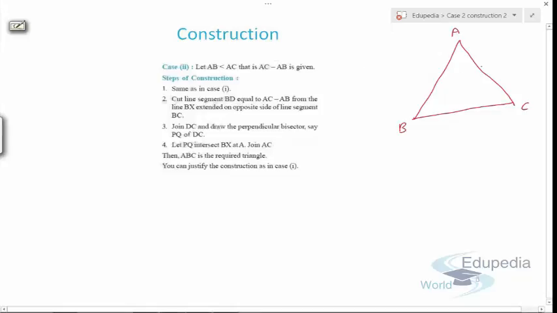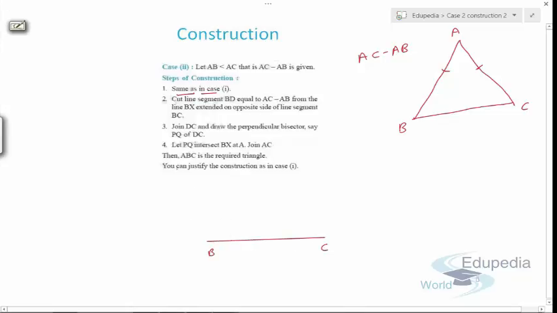Now it's given that this side is greater than this side, meaning AC minus AB is given. We need to follow the same steps as in the case we have done so far. However, first let's draw the base over here. Let's say this is BC.